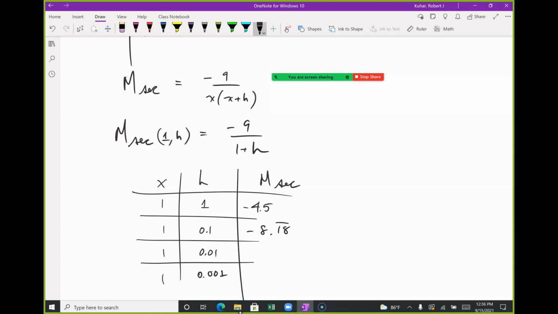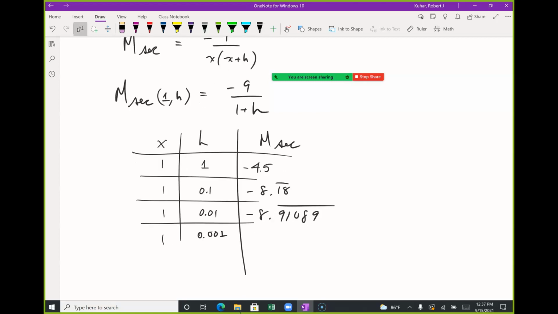-9 over 1.01, right? Negative 8.90890, so that's repeating. And then negative 9 divided by 1.001, right?